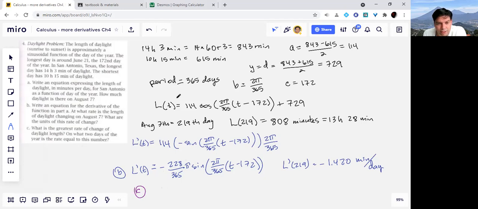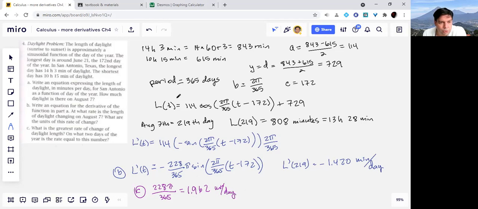Part C is going to be 228 pi divided by 365. Which, as a decimal, is 1.962, which is basically 2 minutes per day.